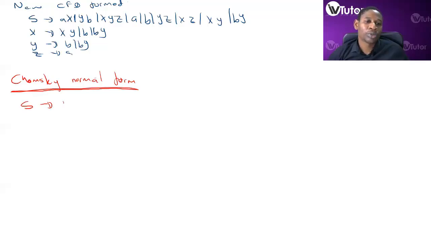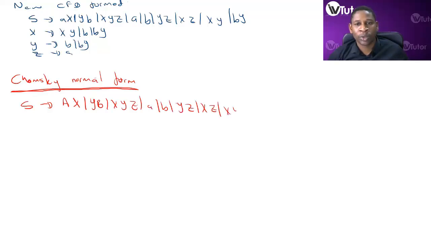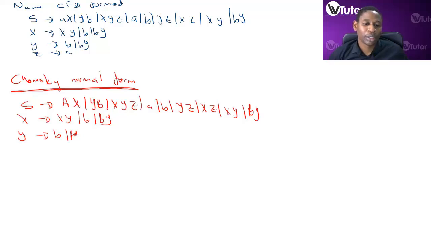So we're going to have S goes to A, X, Y, B, X, Y, Z. A is fine, B is fine, Y, Z is fine, X, Z is fine, X, Y is fine, B, Y. X goes to X, Y, B, or B, Y. Y goes to B, O, B, Y. B, Y. Z goes to A, goes to A, and B goes to B.